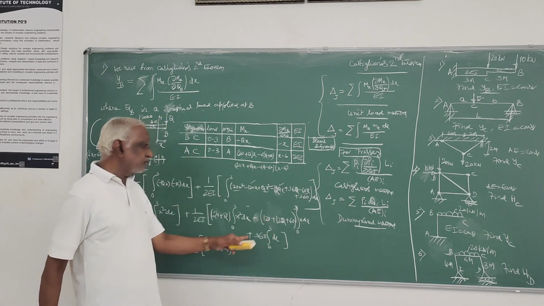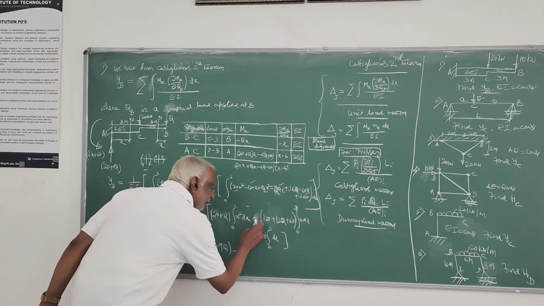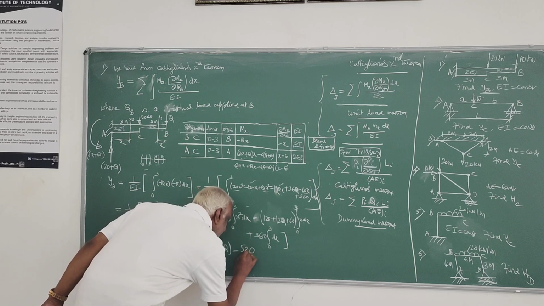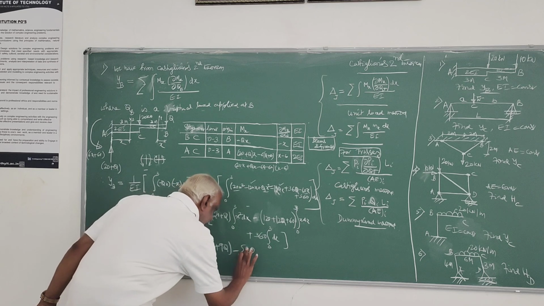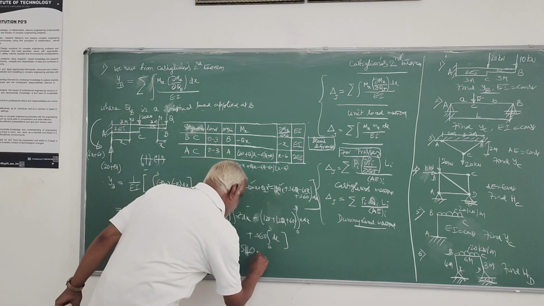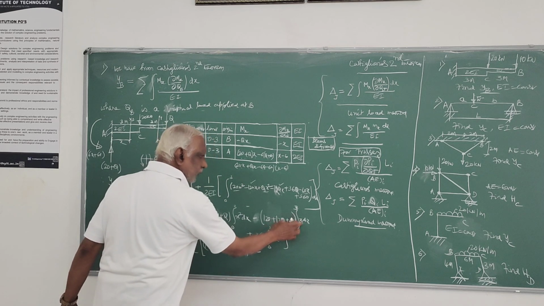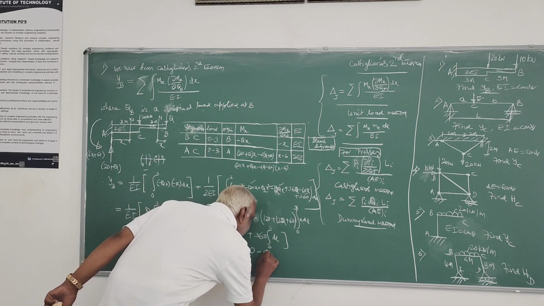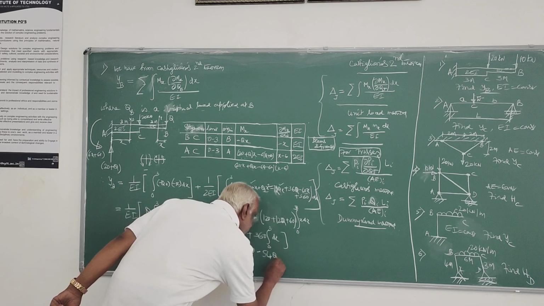4.5 into minus 120, that is 540. Then this is also minus 12 into 4.5, that is 54q.